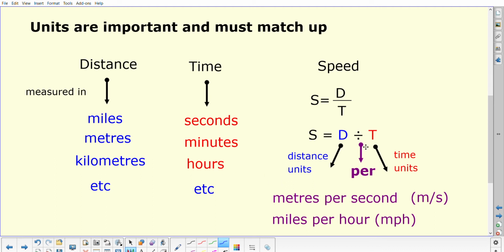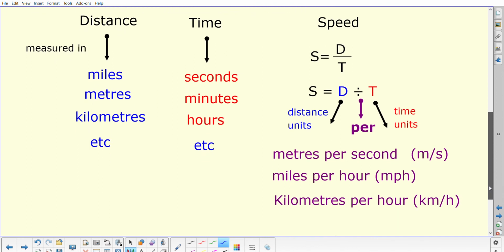The divided by bit is where, when we're using these units, we use the word per, and that means divided by, and then whatever the time units are. So if your distance is measured in meters and your time is in seconds, your speed units will be meters per second, which you can either write out in words or write like this with the little m, slash, the S for seconds.